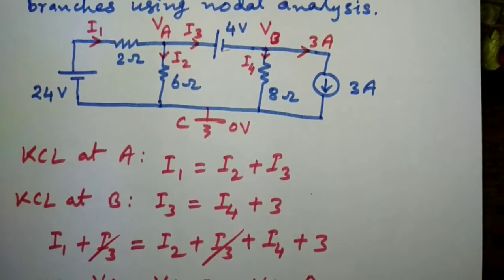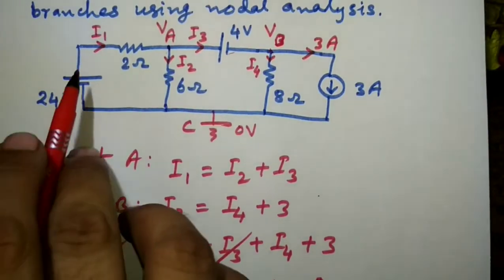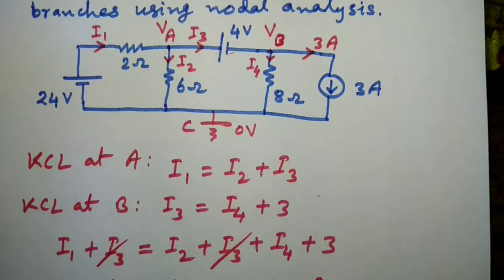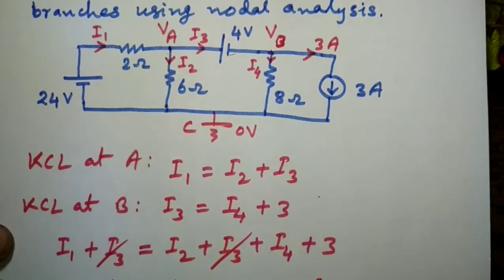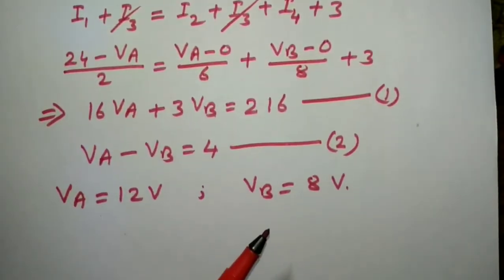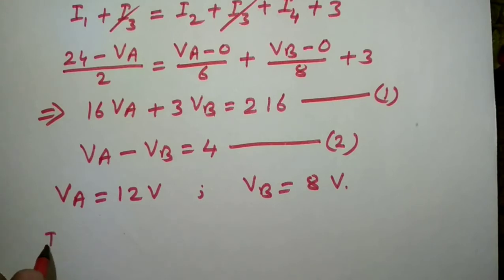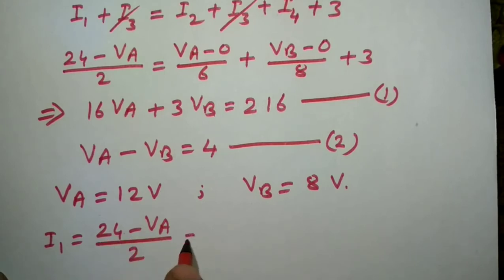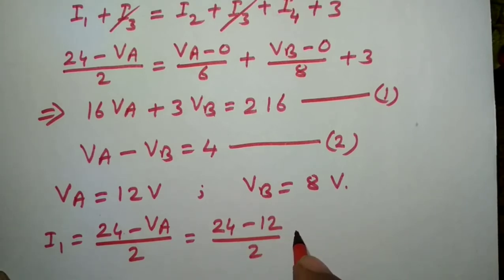So now the current in the 2 ohm resistance, that is I1, will be (24 minus VA) upon 2, or we can write (24 minus 12) upon 2, and that is 6 ampere.